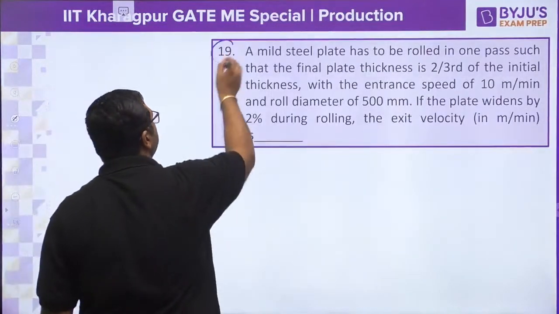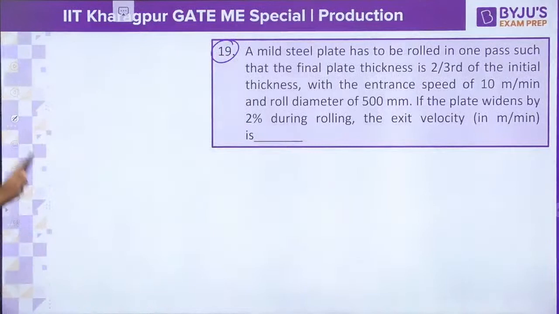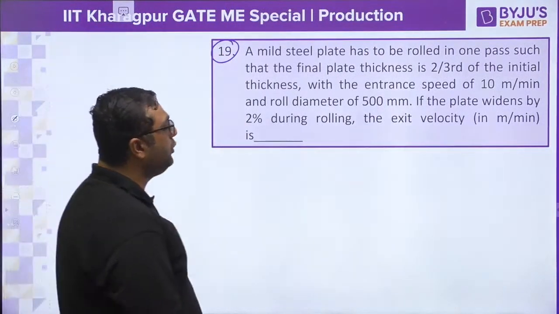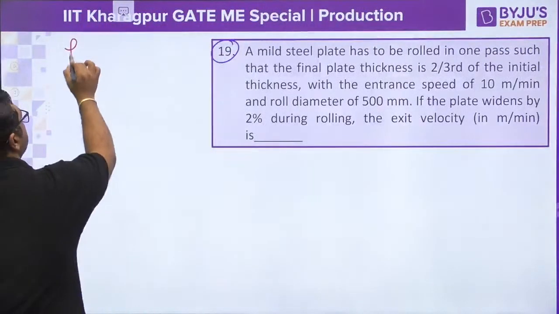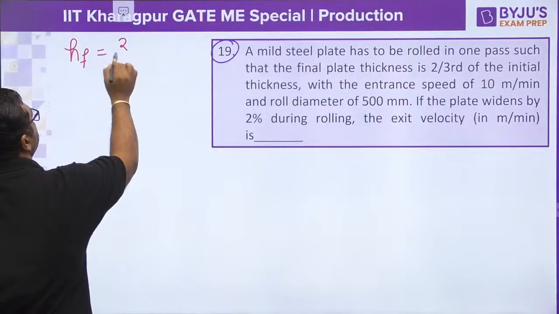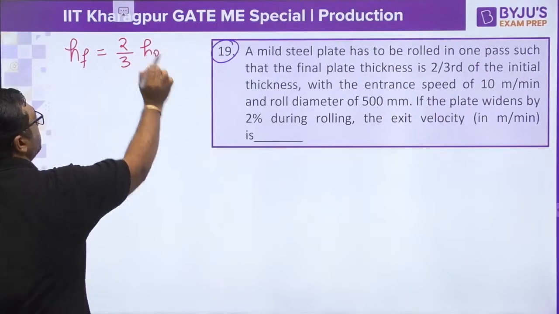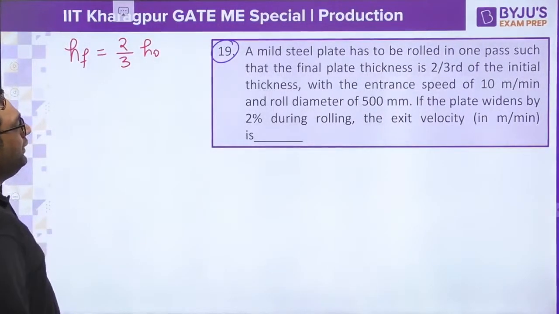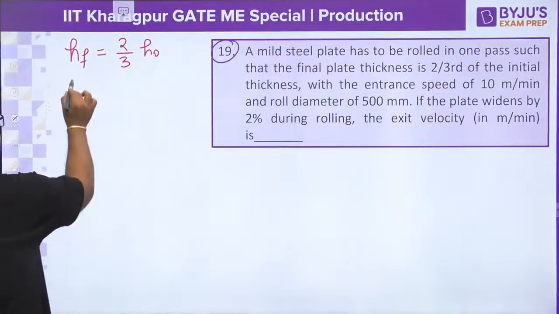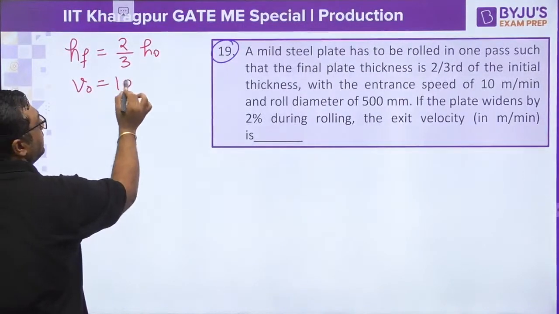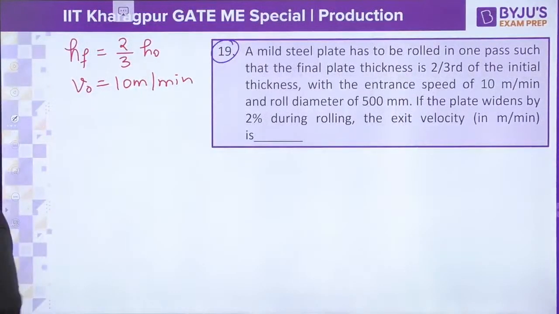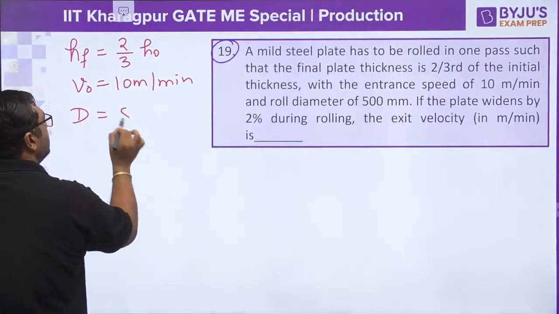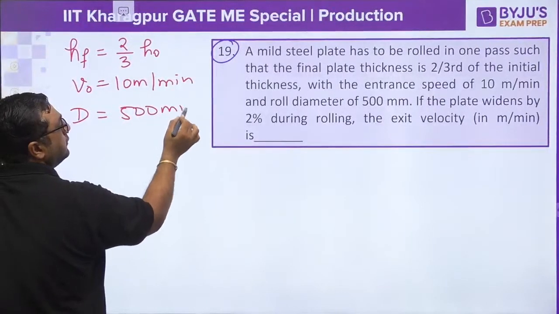Next question is 19. A mild steel plate has to be rolled in one pass such that the final plate thickness H final is 2 by 3 H naught, with entrance speed V naught of 10 meter per minute and roll diameter of 500 mm.